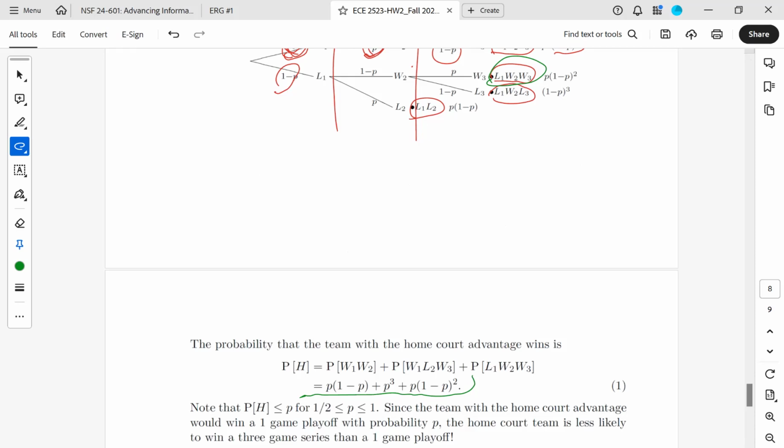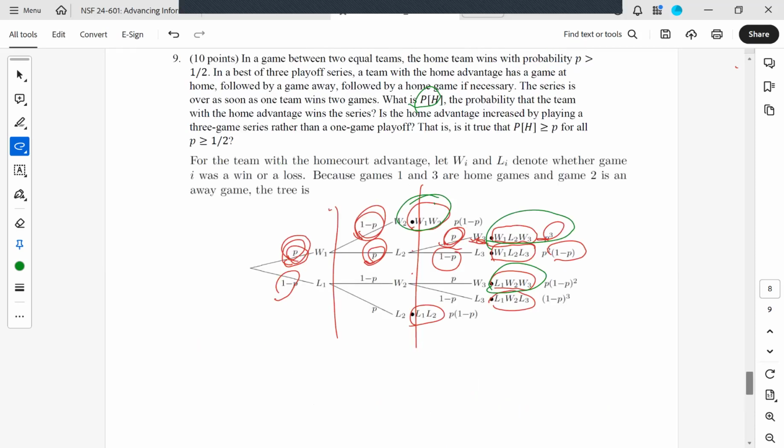Now, the second question asks: is the home advantage increased by playing a 3-game series rather than a 1-game playoff, or is it the other way around? Which one is the better chance for our home advantage team, having a 3-game competition or only 1 game?